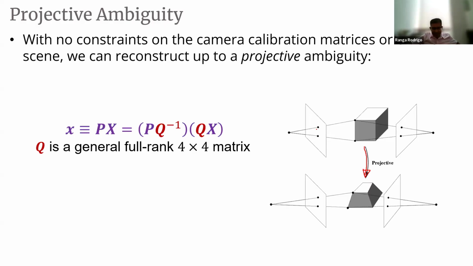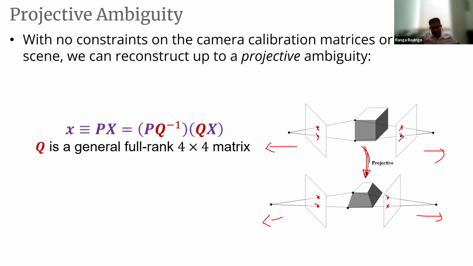But you can see the image locations here and here are the same. How did they do that? They did that by moving the camera center away and doing some other things also. See?